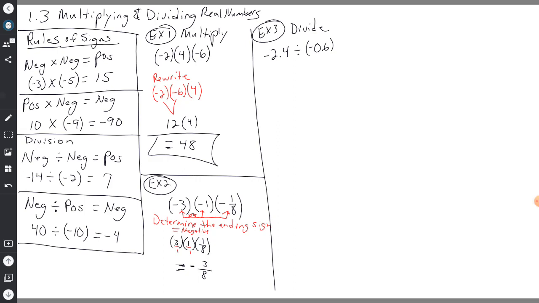Negative 2.4 divided by negative 0.6. What's going to be our ending sign? It's going to be positive, right?